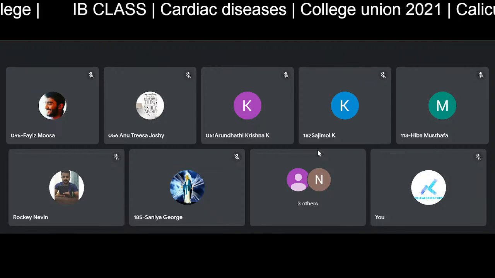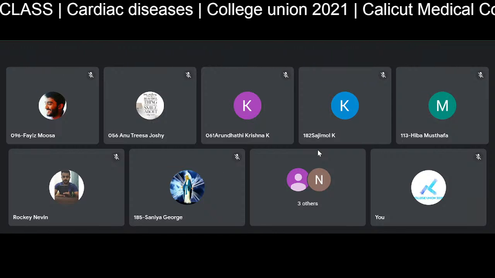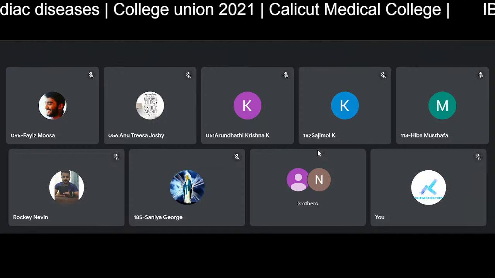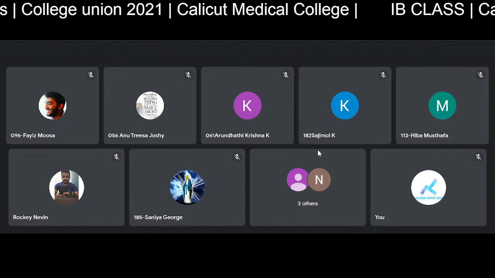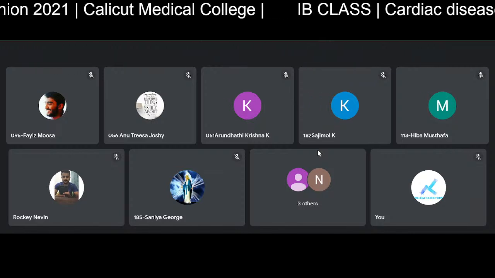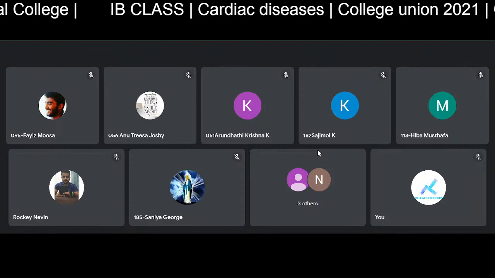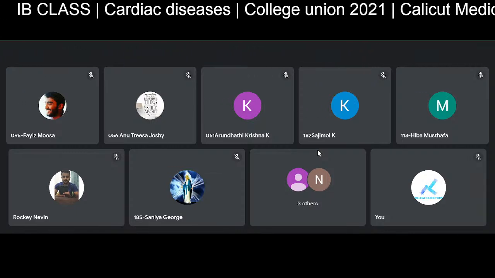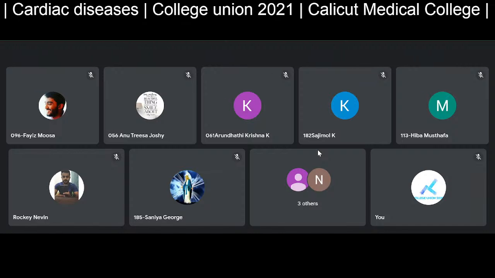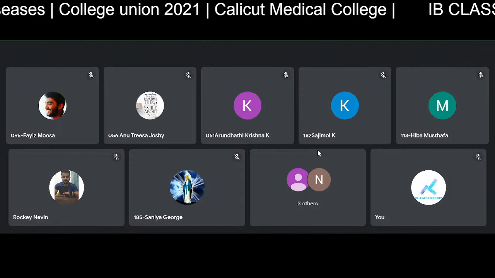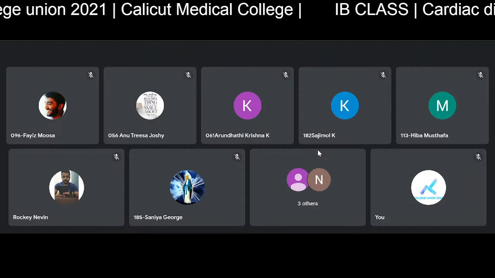Now coming to myocarditis. Myocarditis means, as the name implies, inflammation of the myocardium, and it is caused by an infection. So if you think of an infection affecting the heart, that is myocarditis. There are numerous infectious etiologies: viral agents, parasitic, bacterial, fungal, protozoal, all these can produce it.